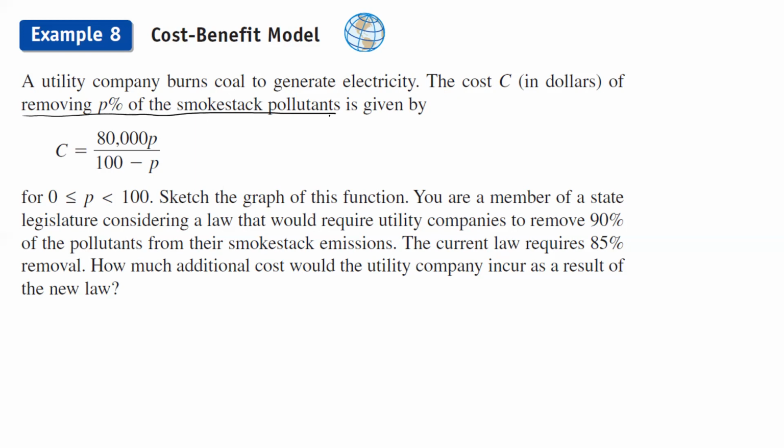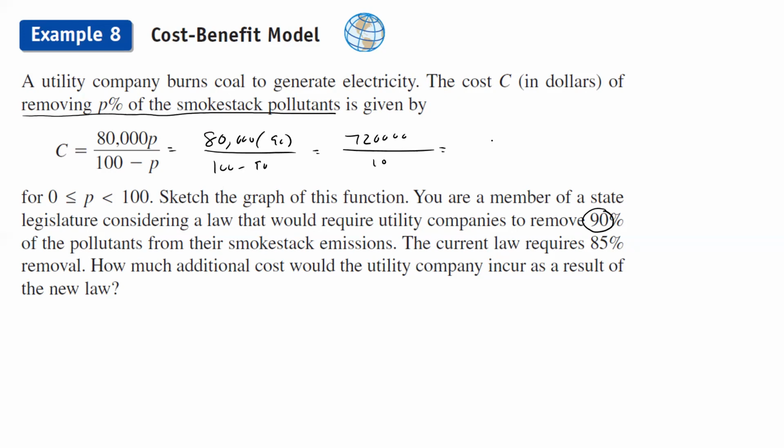That's pretty good. So this one, if we were to sketch this here, P is the number of percent here, and we only have just a few minutes left. So if I were to plug in 90 into here, 90 comes into here, that's a big number. And then 90 comes into here. So what's that? 720,000 over 10.